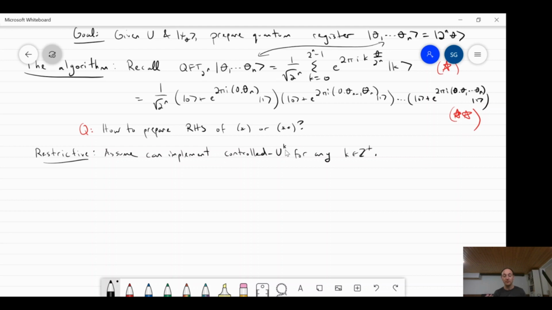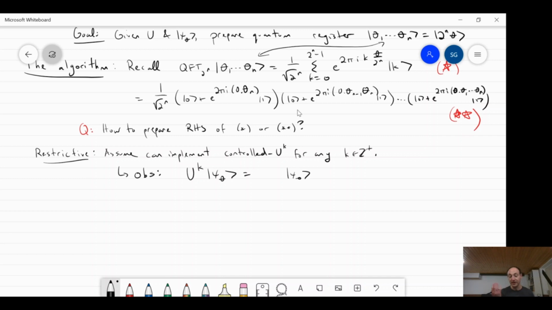And so once you have this, it turns out to be almost trivial to prepare this thing on the right. Why is that true? Well, the observation, and this is the next exercise, is: what does it mean to do U to the k times psi theta? If you give me the eigenvector psi theta, and you allow me to do U to the k, what do I get? Well, it's an eigenvector, so that's not going anywhere.